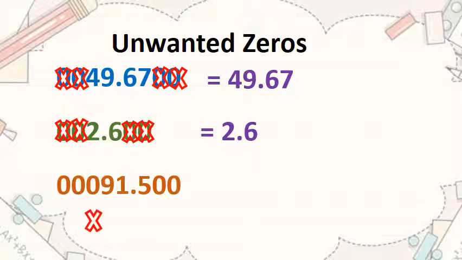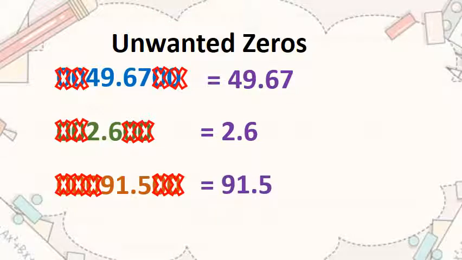So this 0 is not necessary, this 0, this 0, this 0, and the number is 91 units and 5 tenths. So as you can see, the zeros that are on the edges are unwanted zeros. We don't need these zeros that are on the edges of the numbers.